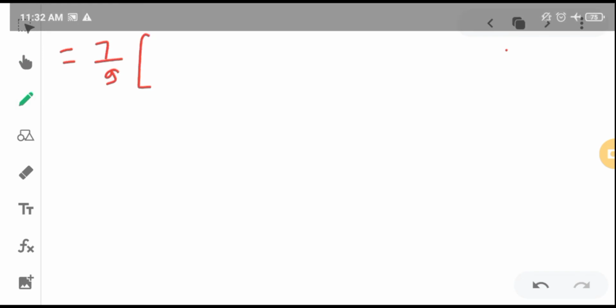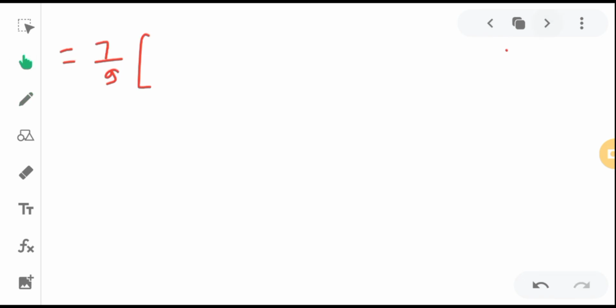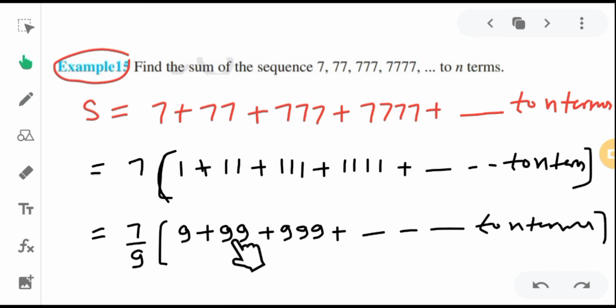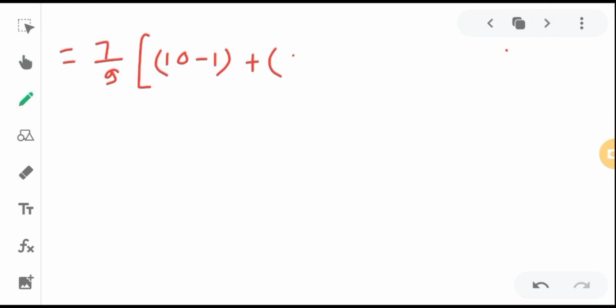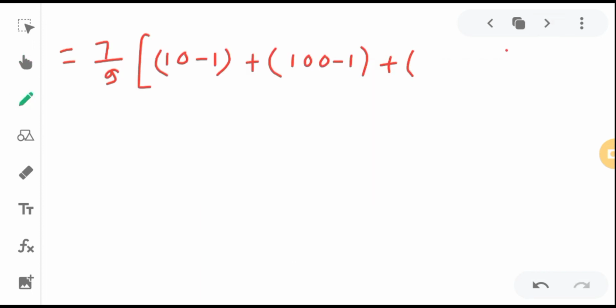Now I replace 9 with 10 minus 1, plus 99 as 100 minus 1, plus 999 as 1000 minus 1, because it is 1 less than 1000. Similarly it will go on till n terms.